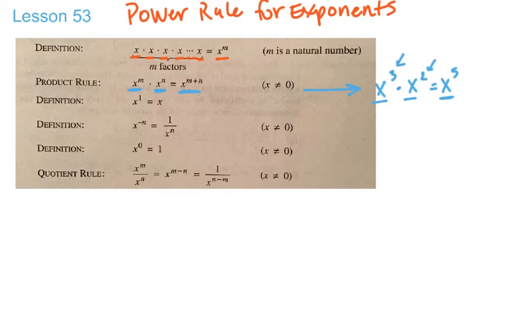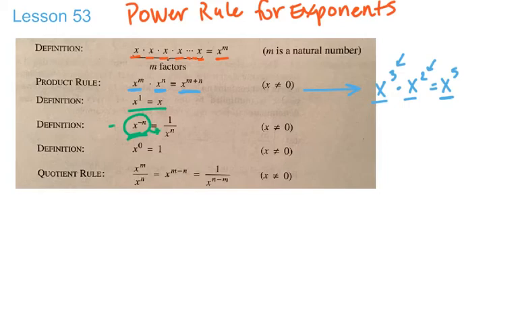The next one is, this one's an easy one to remember. Anytime something is raised to the first power, it will just equal itself. The next one is when you have something raised to the negative power, you can get rid of that negative exponent by moving the whole piece to the other side of the fraction bar.